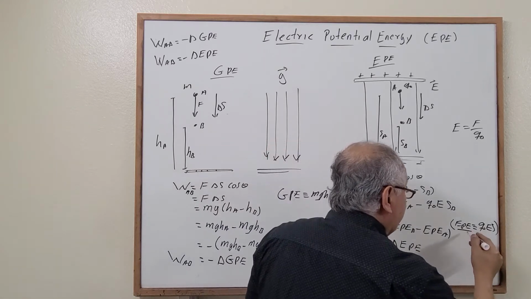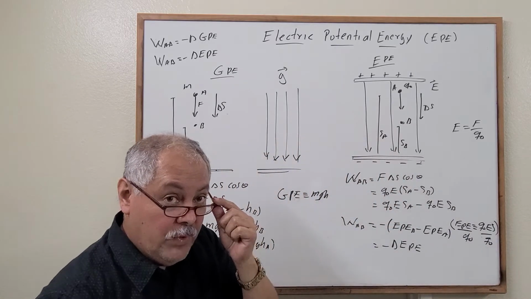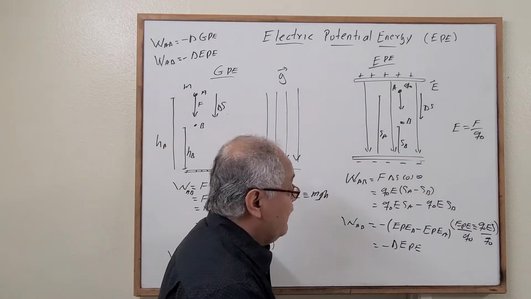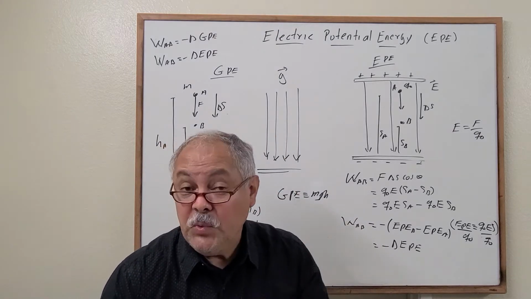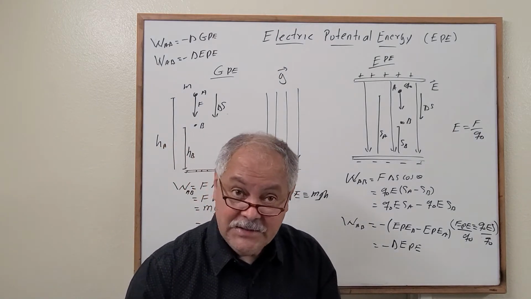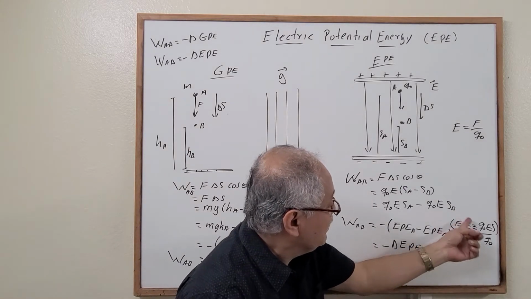Okay, now let's go back to this quantity right here, this definition. What happens if I divide this by Q naught and this one by Q naught? What do we have? Well, remember, every time we have a quantity divided by another quantity, we create a new quantity. We have to define it. So we divide this quantity by this quantity, and we create a new quantity.